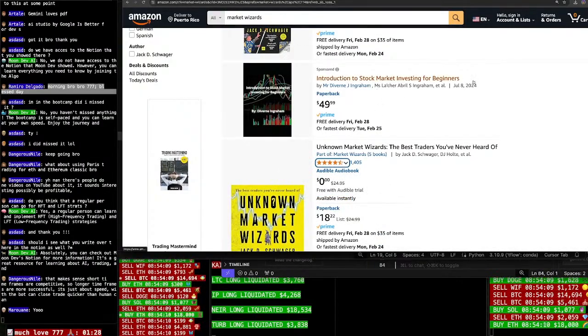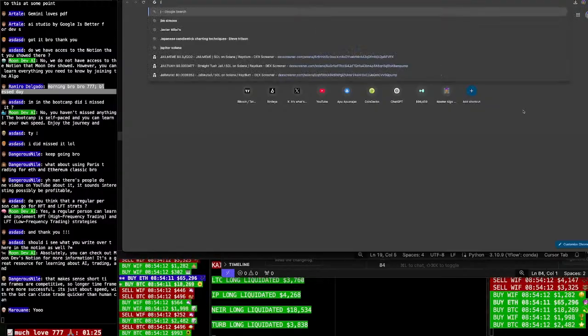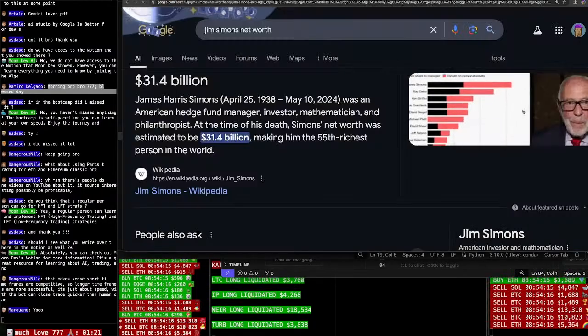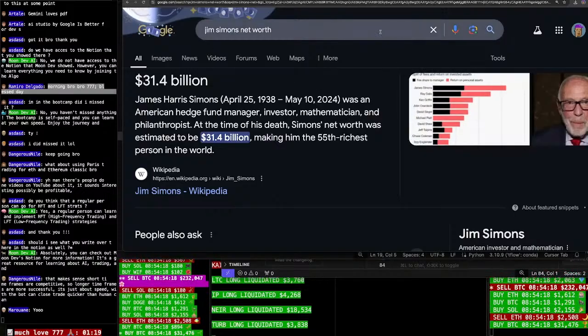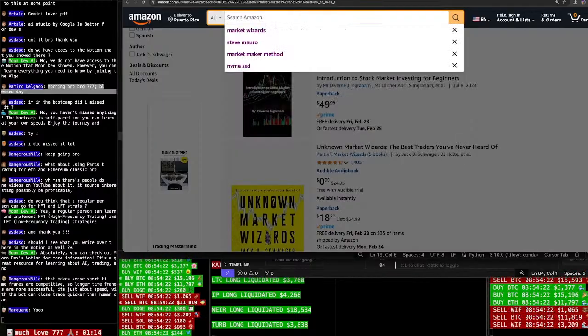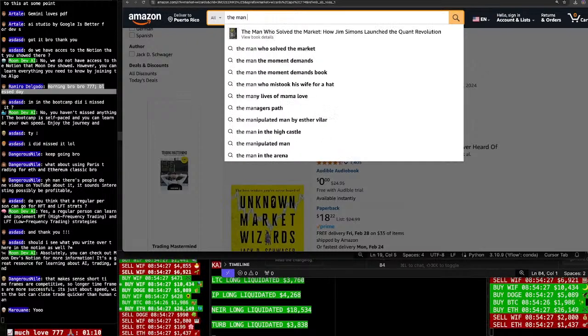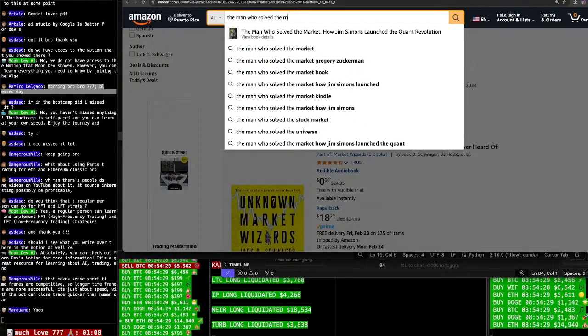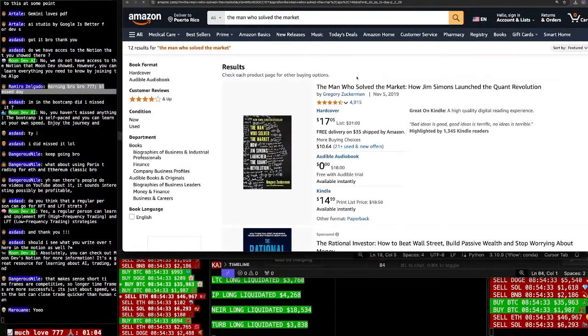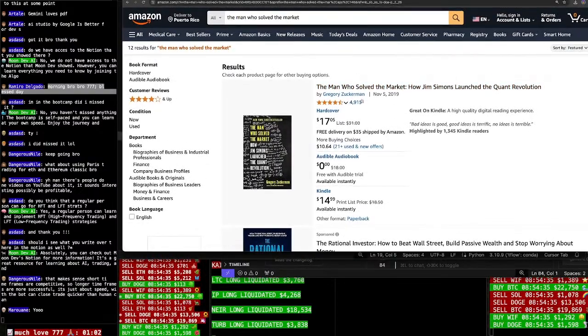Okay, Jim Simons is the best trader ever. Algorithmic trader specifically. If you type in Jim Simons net worth, 31 billion. Okay, so he actually has a book, and if you go here, you can type in The Man Who Solved the Market. This book is written by Gregory Zuckerman.